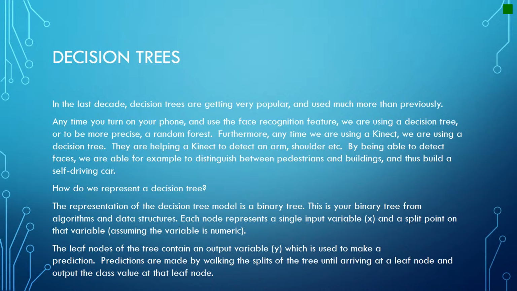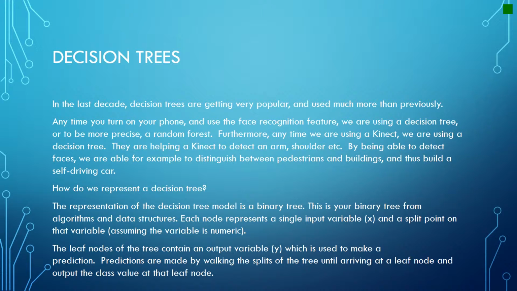In the past decade, decision trees have become very popular, and they're being used much more frequently than in the past. Anytime that you turn on your phone and use a face or a thumbprint recognition feature to unlock the home screen, you're using a decision tree, or to be more precise, a random forest.